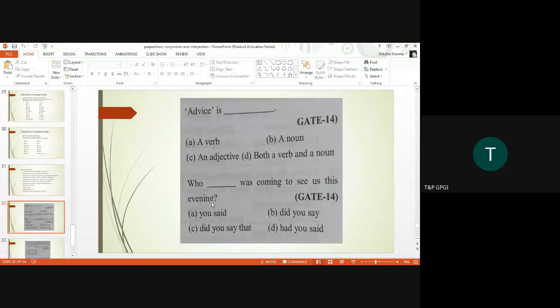So this question has to be framed with an auxiliary verb, of the situation.